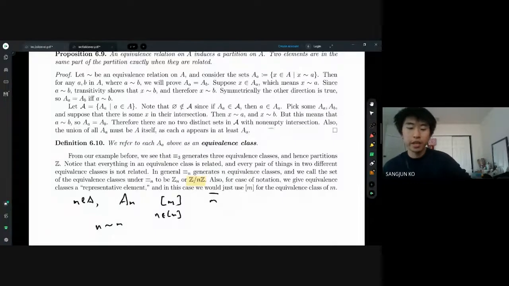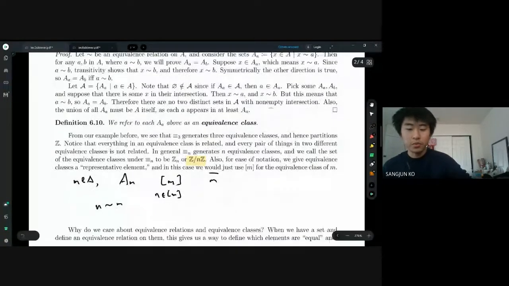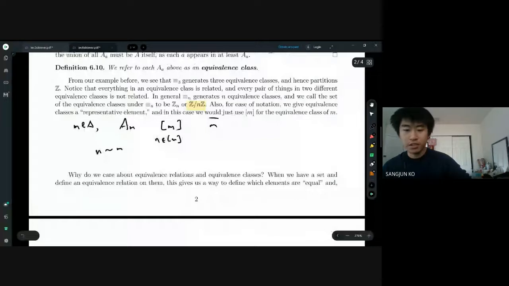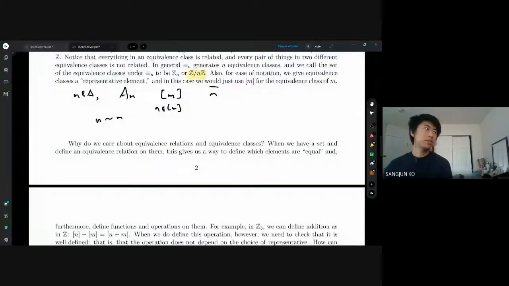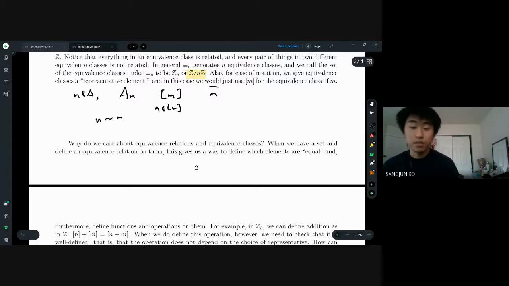So why do we care about equivalence classes and these representative elements? When we define the notion of a quotient, basically modding out, and define an equivalence relation on them, it gives us a way to define which elements are equal.